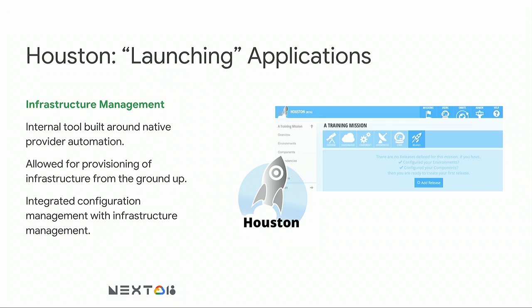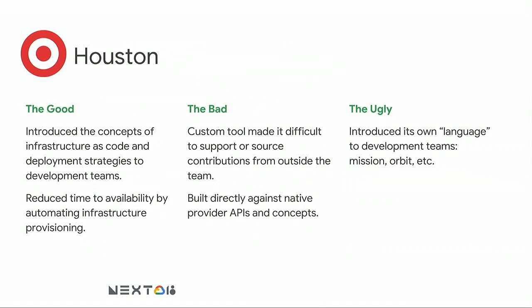And it gave us a step to more closely model and automate more of what's needed to get an application out and running. And it further reduced that time. So we started introducing concepts such as infrastructure as code and deployment strategies to our development teams. We further reduced that time.